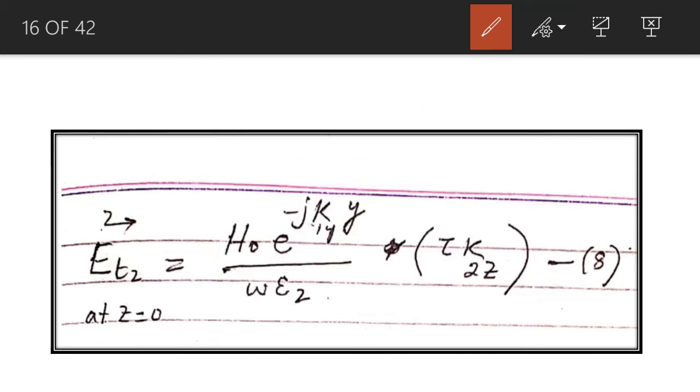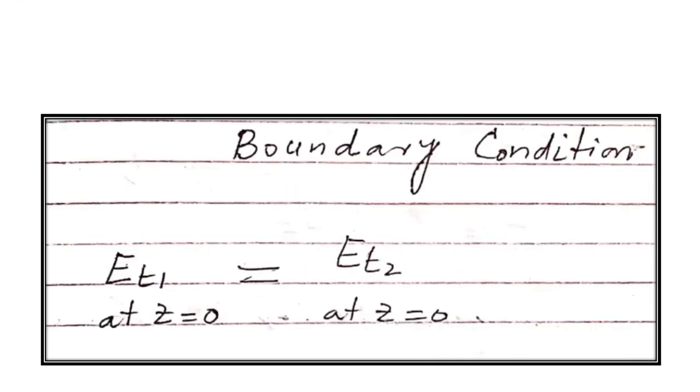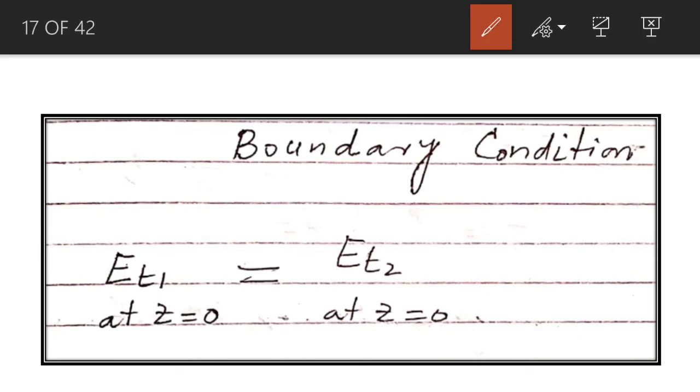So we apply the boundary condition. The boundary condition states that whenever the wave travels from medium number 1 to medium number 2, the tangential component of the electric field intensity does not change. However, the normal component of the electric field intensity will change.